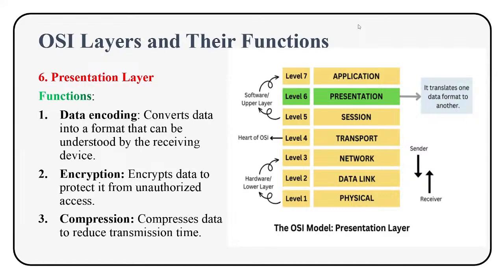And compression: it compresses the data to reduce the transmission time. That is also done here on the presentation layer. Decoding is done here. Encryption actually has the feature of compression of the data also.